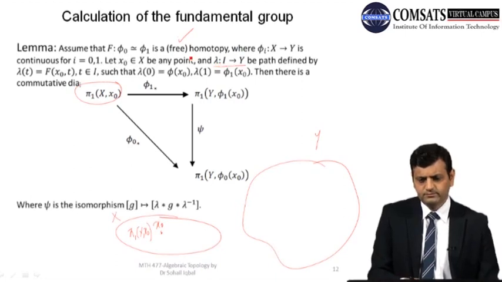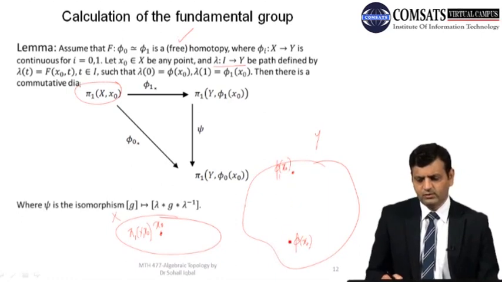We have seen that phi naught and phi 1 are homotopic. So these are functions from X to Y, and if I have x naught, then phi naught of x naught is going to be one image, and similarly phi 1 of x naught is going to be another image.